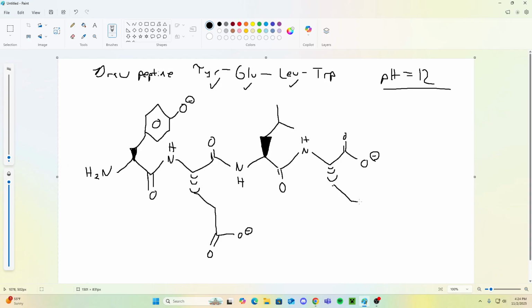However, it would have a nitrogen at the head of the cyclization here. And then it shares a double bond here with the benzene.